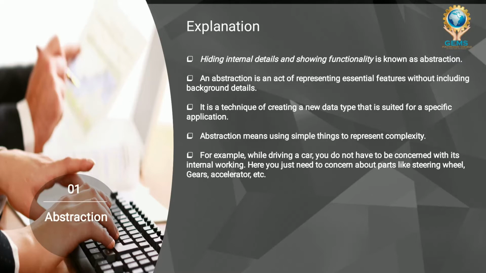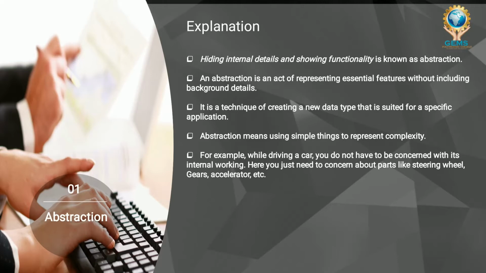First, take the car. In a car, many parts are there: engine, brake, tires, diesel tank, accelerator, and so on. These are all different parts of a car. We will not bother about all these parts or about how the car is functioning, but we have to know how to drive.